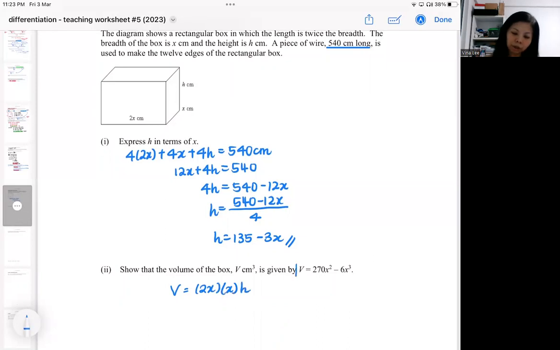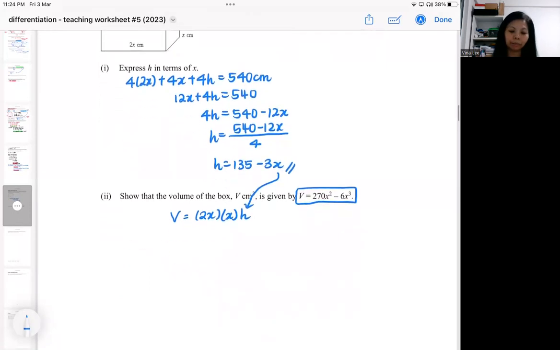Because the expression you need to show is in terms of X, your H has to disappear. That is why in the first part, they ask you to express H in terms of X. So insert the H that you have found and do your normal expansion. That will be the volume.